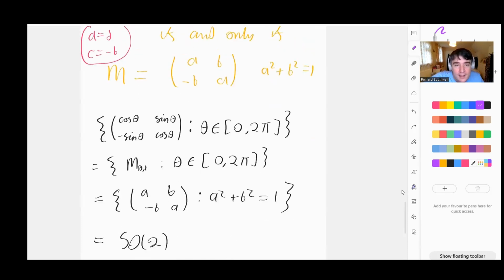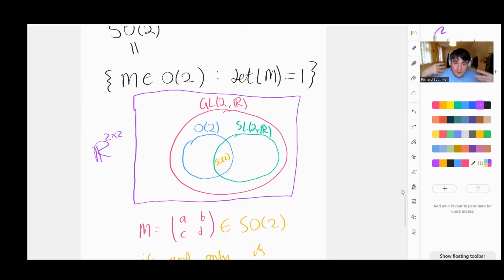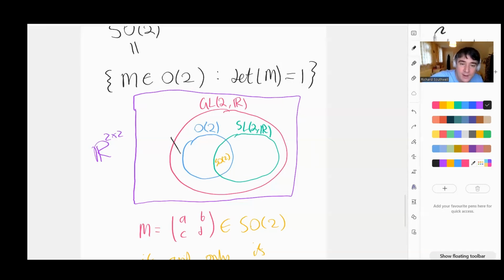So we're already developing a fairly interesting picture of these 2x2 matrices. Okay, we can see lots of things going on here. We have the whole space of the 2x2 matrices, and then we have the sort of invertible ones here. And these are the ones with non-zero determinants.